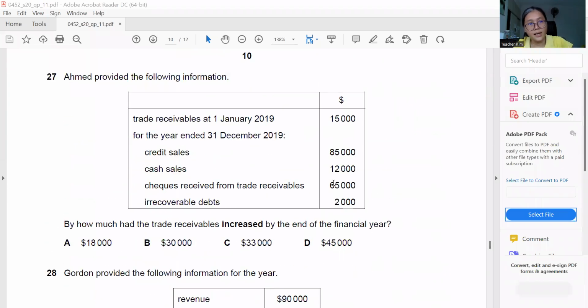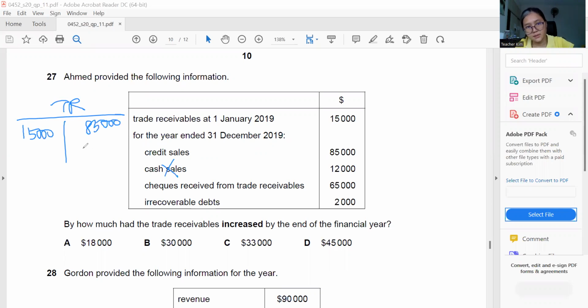27. Ahmed provides the following information. Trade receivables at 1st January, for the year ended 31st December. By how much have the trade receivables increased by the end of the financial year? So the trade receivables account. Balance right now, 15,000 here. Only take the credit sales, don't take the cash sales, 85,000.